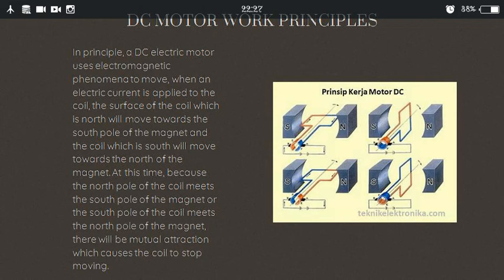At this time, because the north pole of the coil meets the south pole of the magnet, or the south pole of the coil meets the north pole of the magnet, there will be mutual attraction, which causes the coil to stop moving.